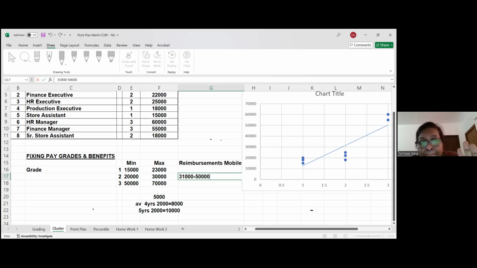Ma'am, can I ask a question? In grade 2, the minimum is 20 and the maximum 30. In my current role, suppose it is senior executive, I have 2 people, and the maximum salary drawn at that level is 30,000 with 5 years of experience.